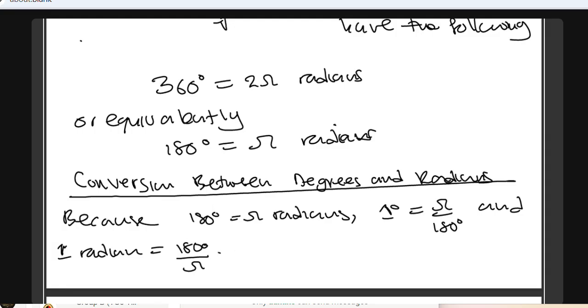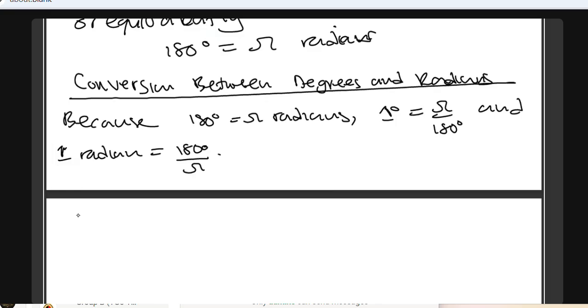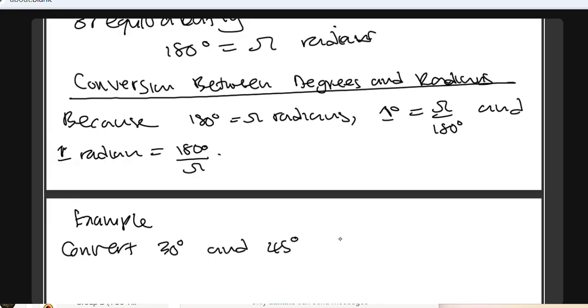Okay, let's look at an example. Example: convert 30 degrees and 45 degrees to radian measure.